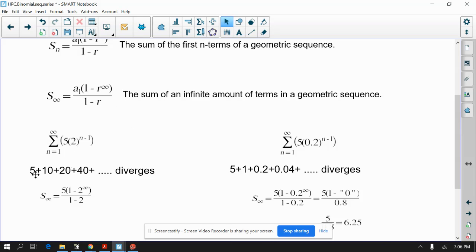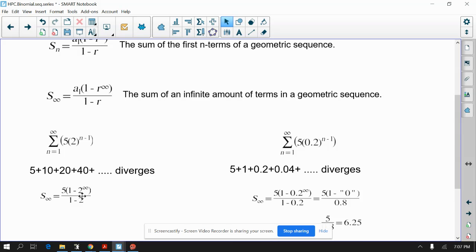And that seems kind of silly right now, so we'll just investigate this. Let's take the two sequences from the last page. 5 plus 10 plus 20 plus 40. We know that the common ratio is 2, and this diverges. But let's just try to squeeze it into this formula. 5 times 1 minus r to the infinity. Well, 2 to the infinity is an impossible number.